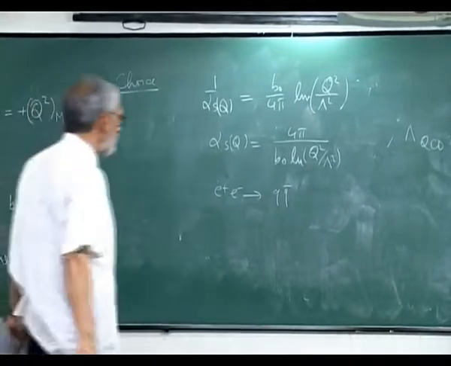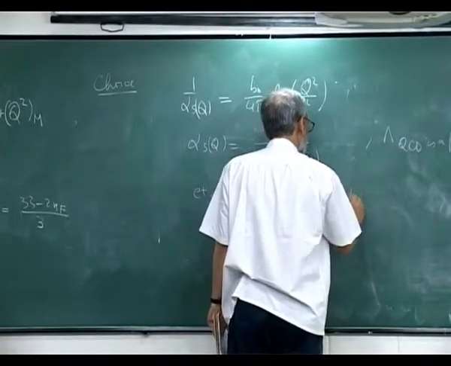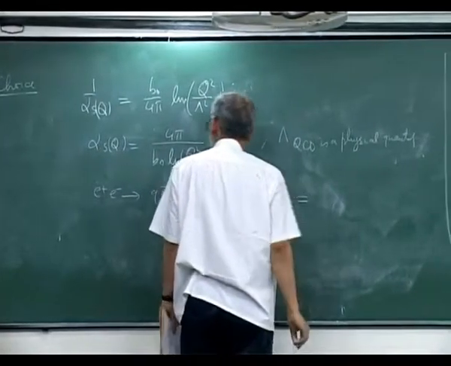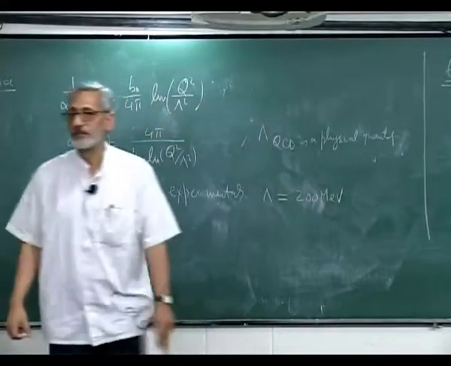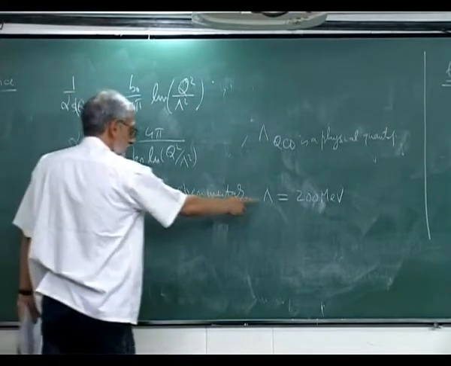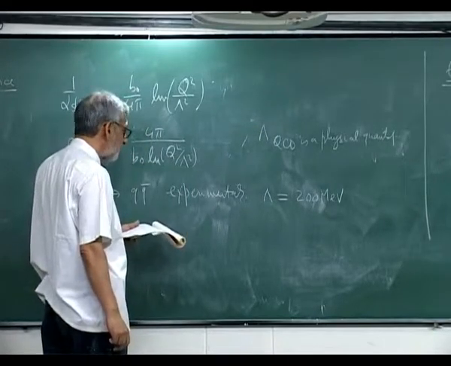When you study these kinds of processes experimentally, they give you a value for lambda which is of the order of 200 MeV. So now this object, lambda, is 200 MeV.